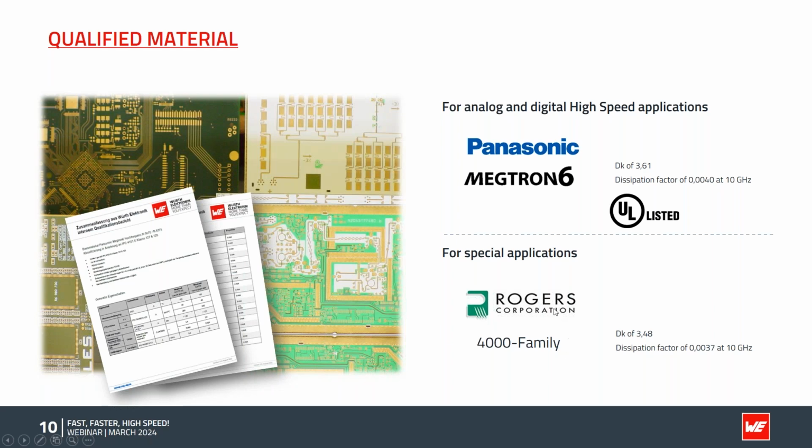For special applications, we have a Rogers 4000 material available, which is very fast, very expensive. So there is a big consideration point if you have to use these special materials.